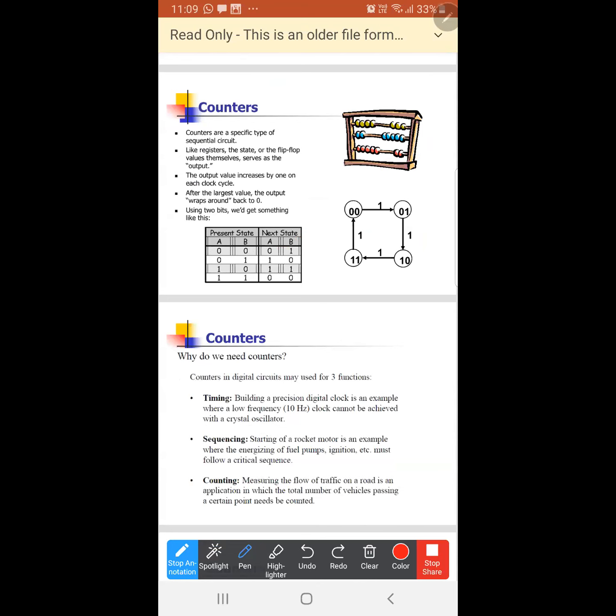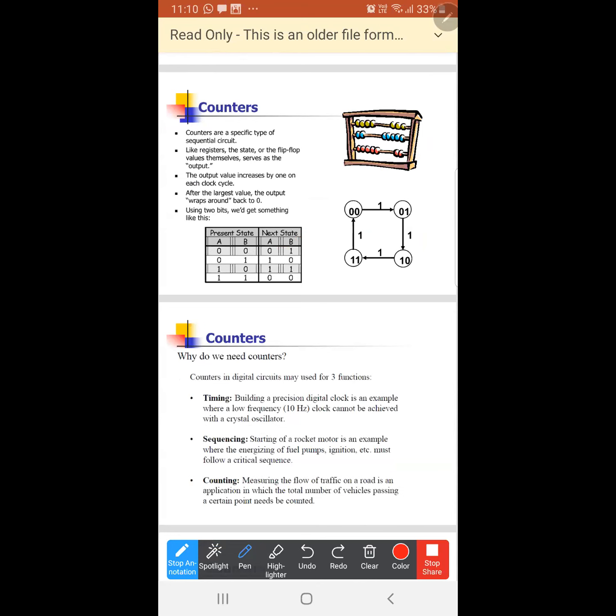Girls, when you hear the name counter, what do you understand from this name? Counter means what? Memory? It's a sequential circuit we are studying, so of course memory will be there. But I am asking about the name. When you hear the name, what concept do you think about?